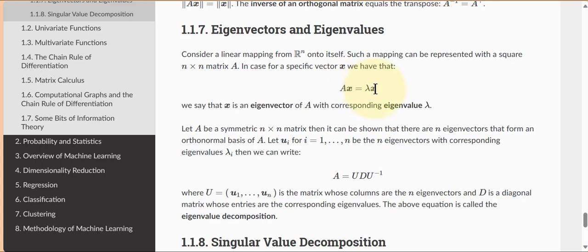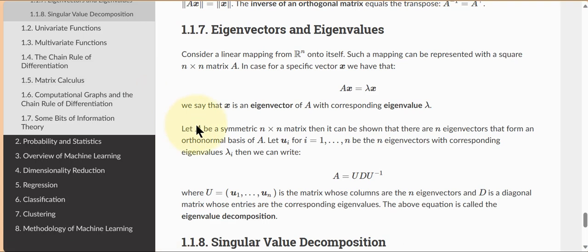So in other words, we know that when we multiply a matrix times x, it will give us some other vector, but if that other vector happens to be just a multiple of the original, then that x is called an eigenvector for the matrix A, and the scalar that it's a scalar multiple of is called the eigenvalue. So this lambda here is called the eigenvalue.